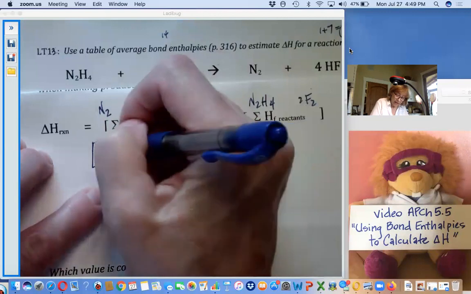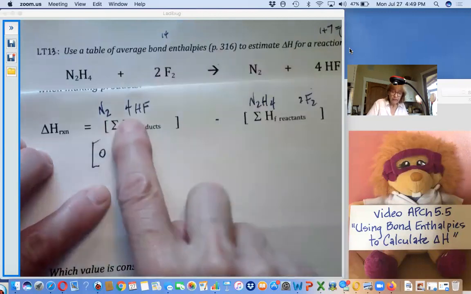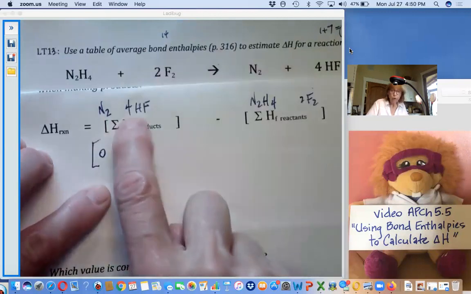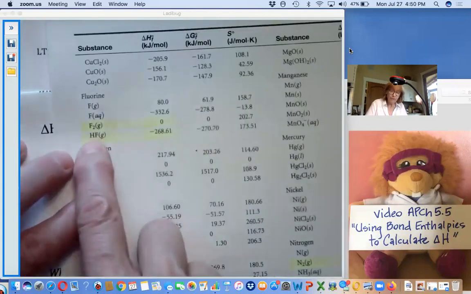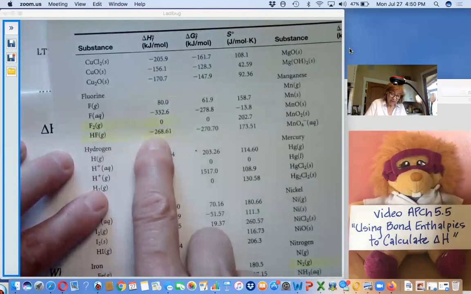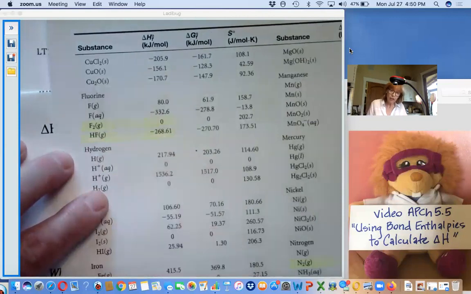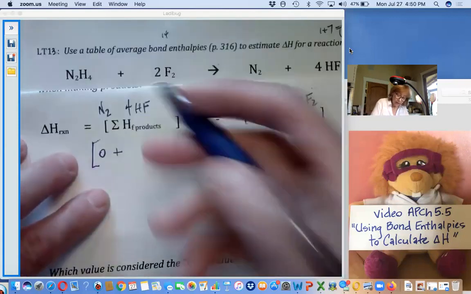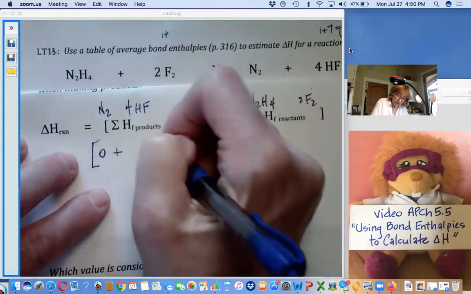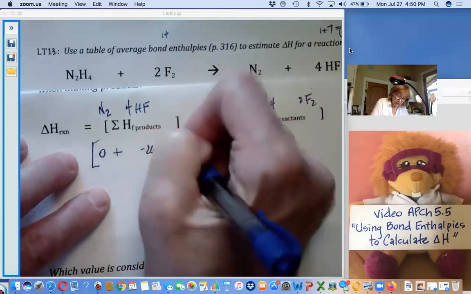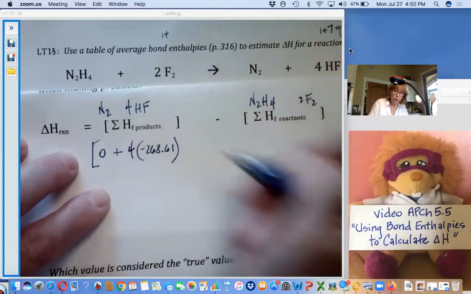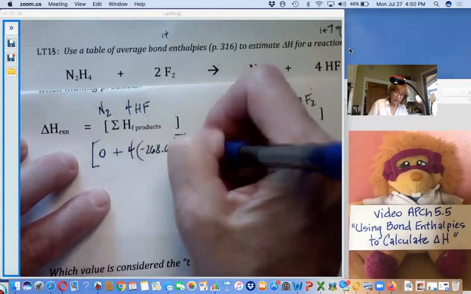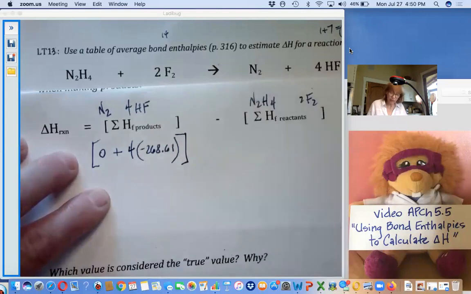And then we're going to add to that the heats of formation for HF. HF has a heat of formation of negative 268.61, but we have to multiply that by 4. So we're going to get that total sum.